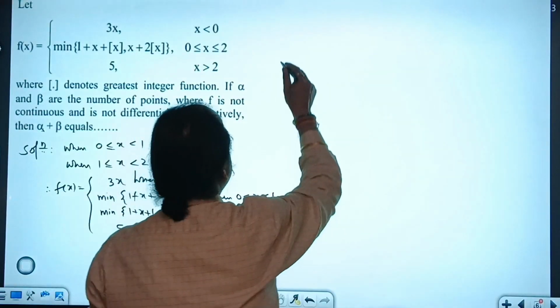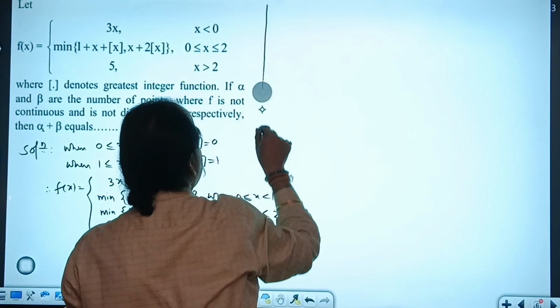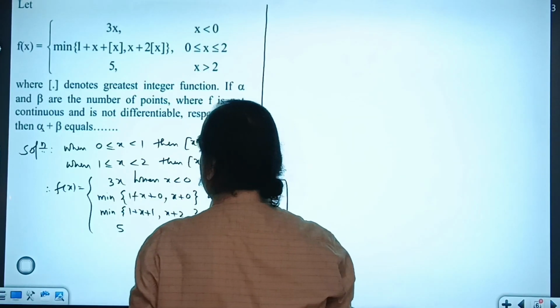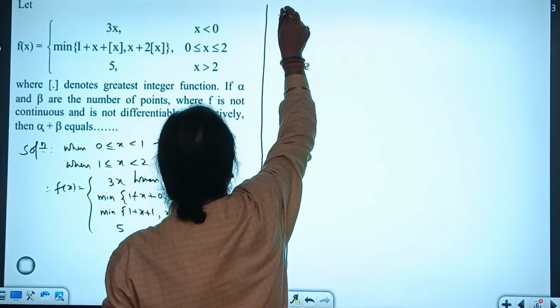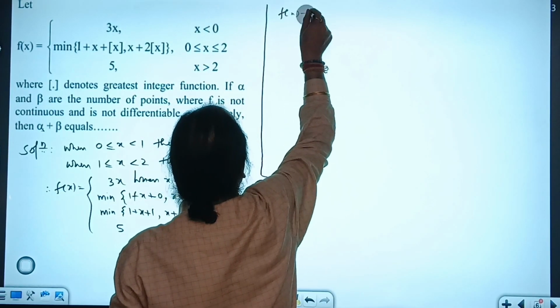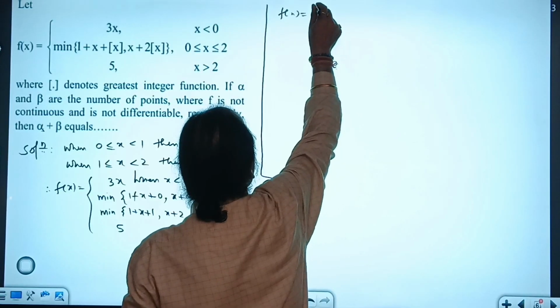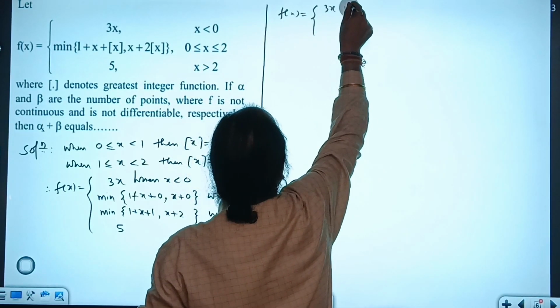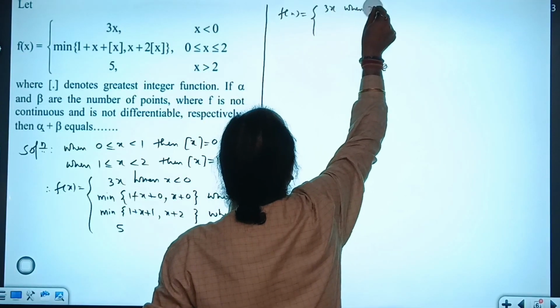So we can simplify further. So f(x) is what? 3x when x is less than 0.